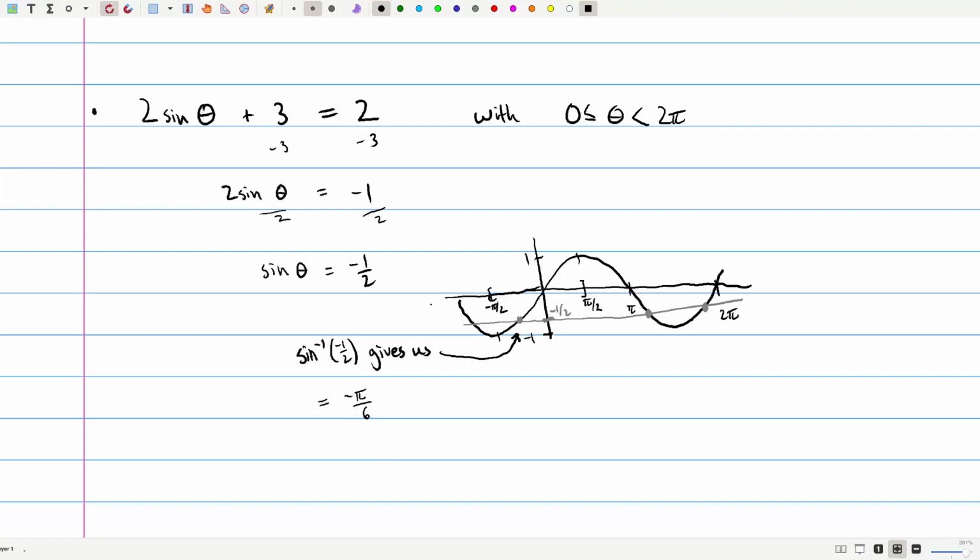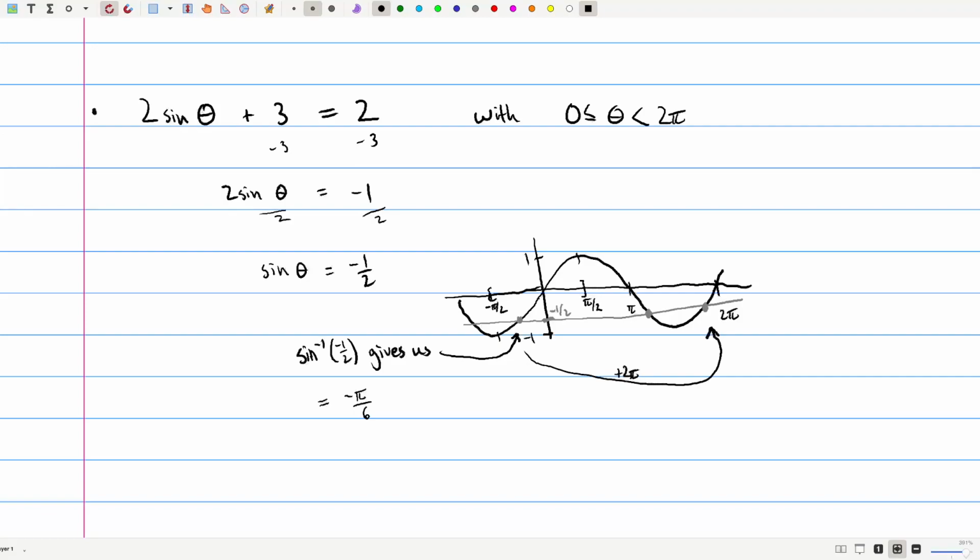So we've got that, but that is not in the correct interval. We want to get it into the correct interval, and so if we add 2 pi, we get that point. And then what else can we do?